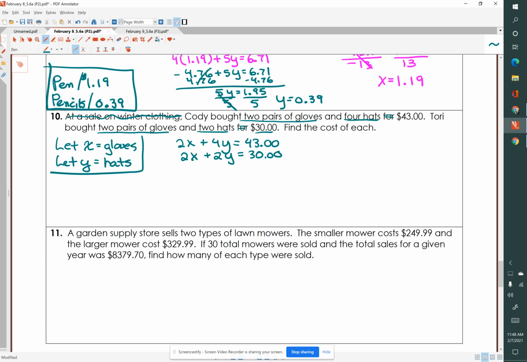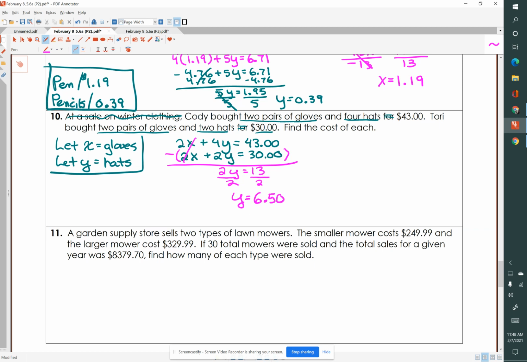So we can just simply subtract the second equation from the first very easily, and we'll eliminate those x's. And then 4 minus 2 is 2y. 43 minus 30 is 13. And we divide both sides by 2, and y equals $6.50.